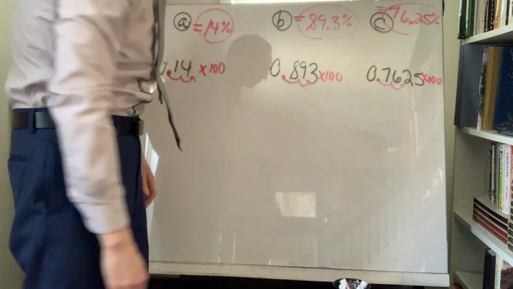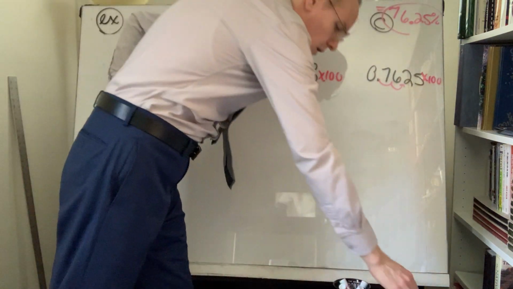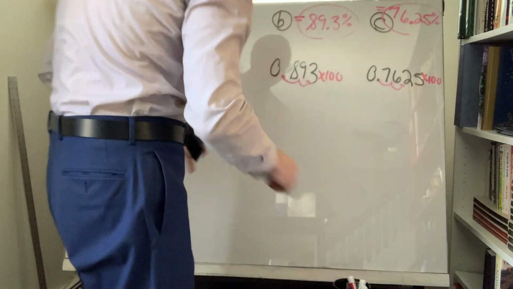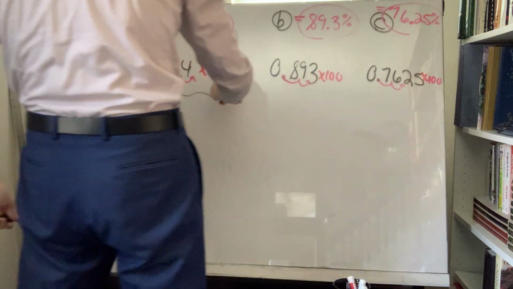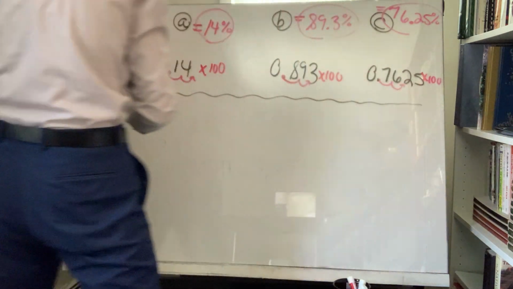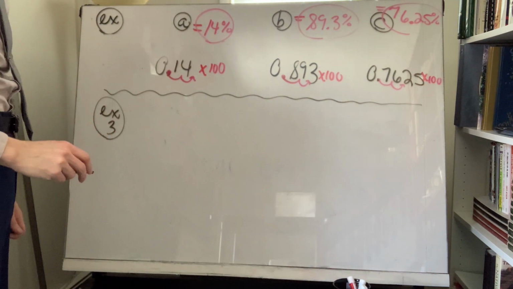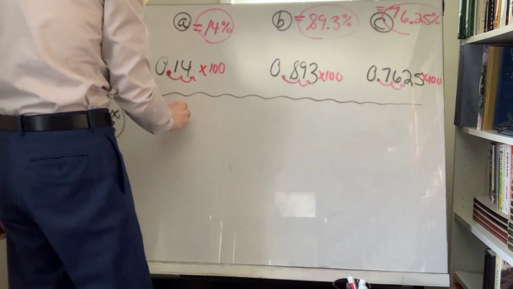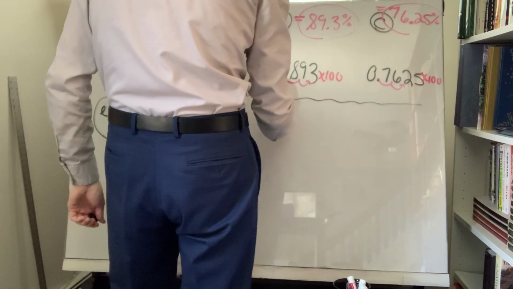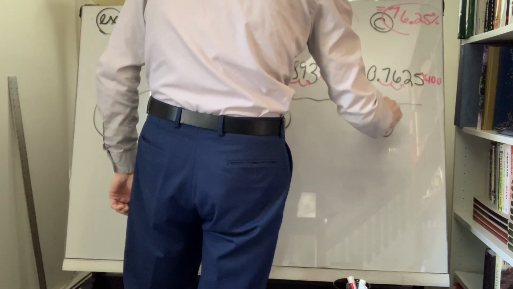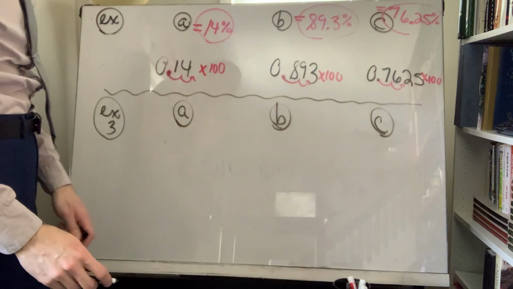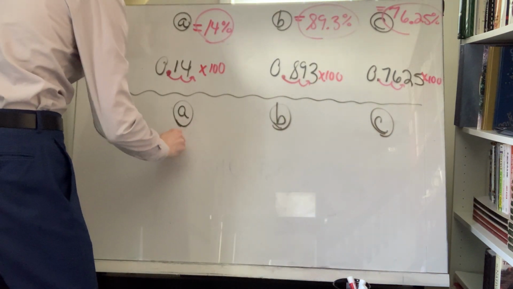All right, now what if you had to go the other way? I'll put this under here, just not to have to erase it. This is technically example 3 here. There are, again, 3 problems to do in example 3. And what you are given is the percentage to start with.